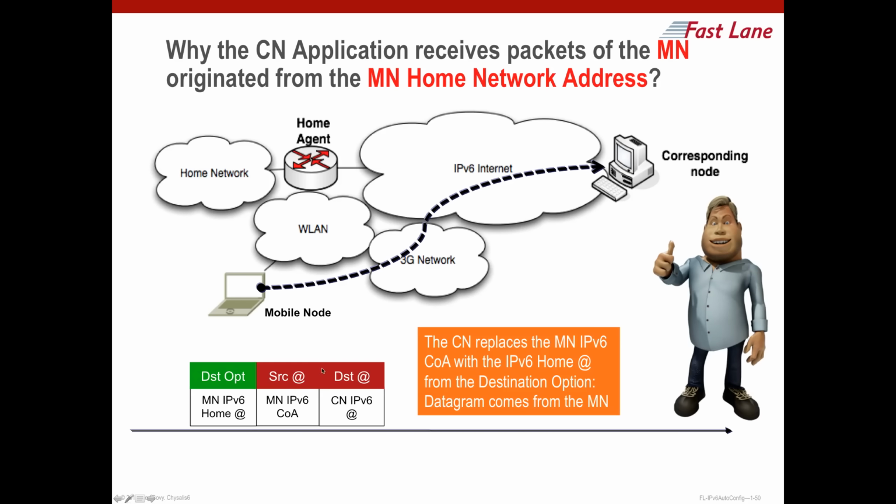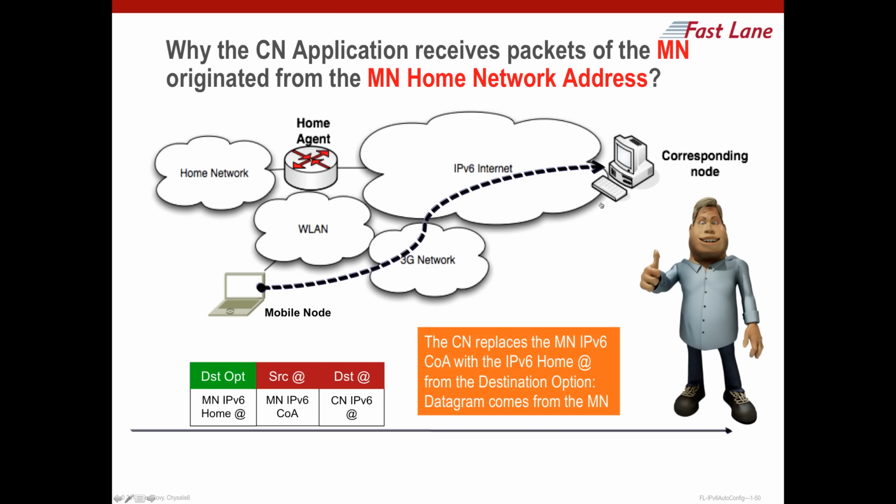So basically, when the mobile node sends a packet to the corresponding node, the source address is the care of address, but in the destination option, it puts the mobile node IPv6 home address.